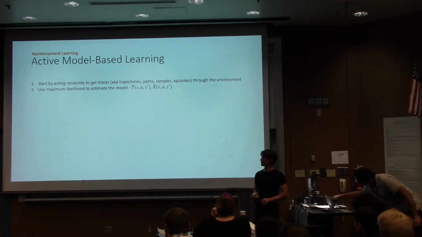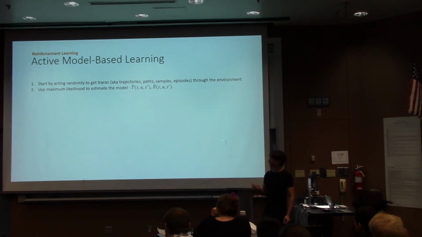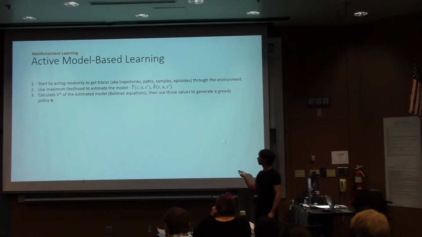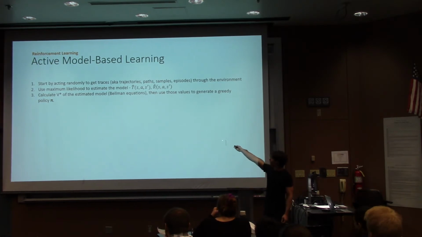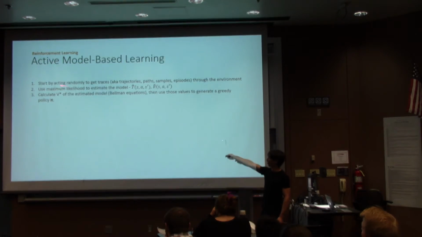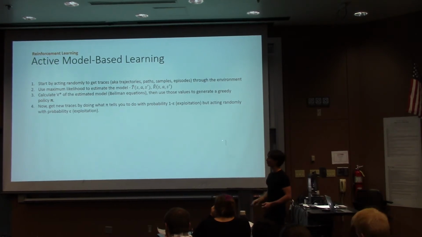And we'll again do maximum likelihood to get an estimate of the transition function and the reward function. And we'll again calculate V star for the estimated model. But now we're going to use the values that we get there to generate a greedy policy pi, a new policy, better than the one that we started with, which was just acting randomly.